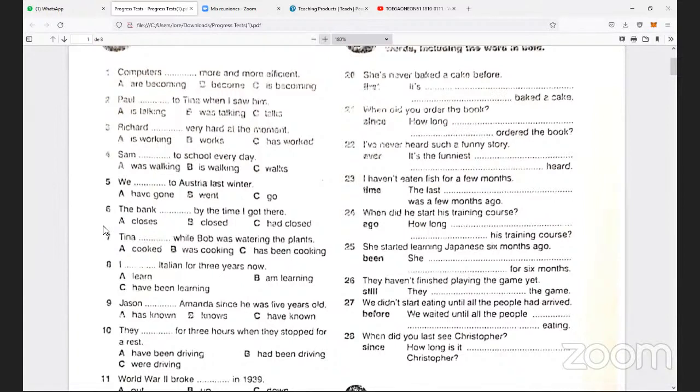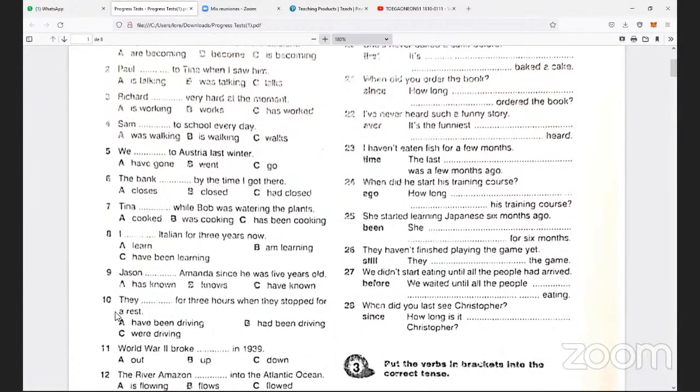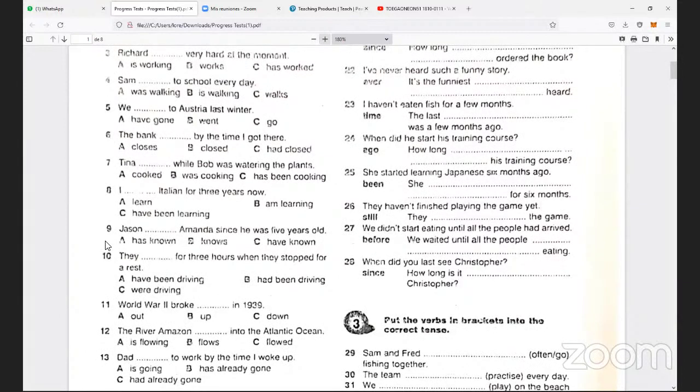The bank had closed by the time I got there. Excellent. Tina was cooking while Bob was watering the plants. Great. I have been learning Italian for 3 years now. Great.